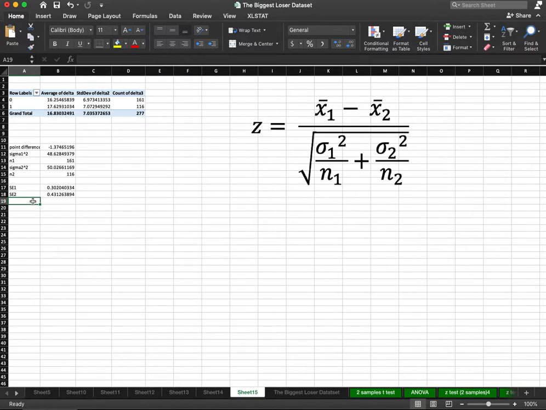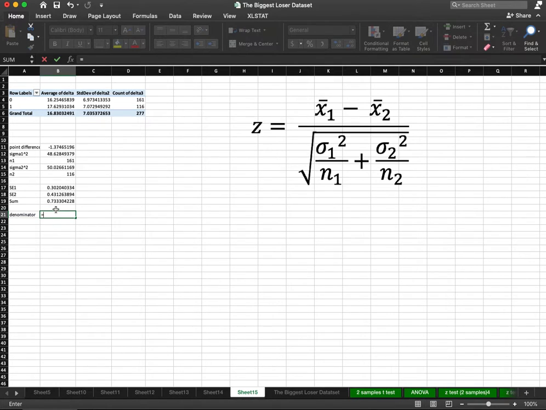Now I'm going to do the sum. I'm just adding these two things together. Equals this plus this. Right? Good. Now I need to get the whole denominator. Right, this is everything under the line.